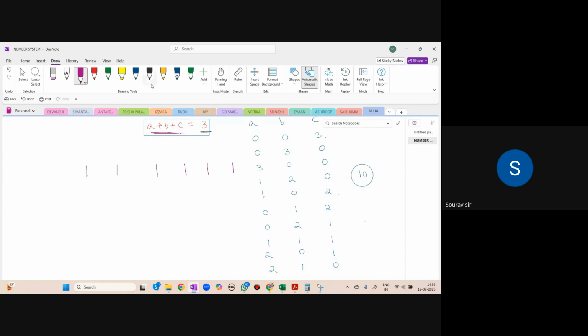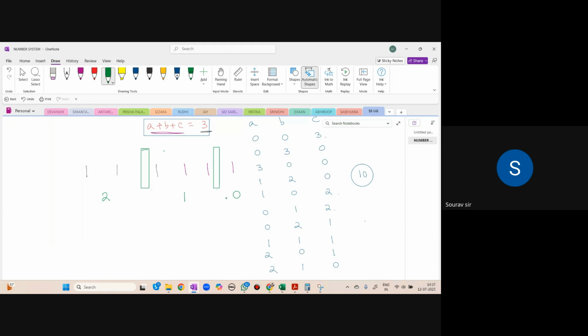And then I have to divide these 6 into 3 parts. So I need 2 rods. Suppose I place 1 rod here and 1 rod here. What does it mean? The first number is 2, the second number is 1, the third number is 0. Understood?